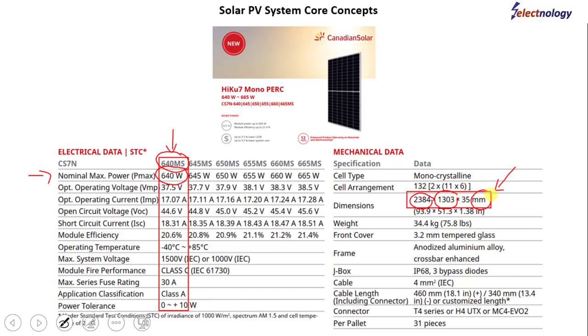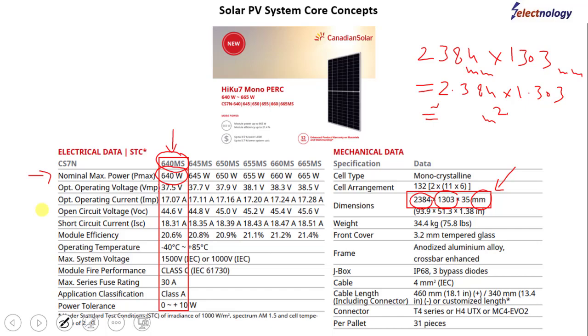Now the total area becomes 2384 into 1303. We can write this in meters, so it becomes 2.384 into 1.303, which is approximately 3 meters square.